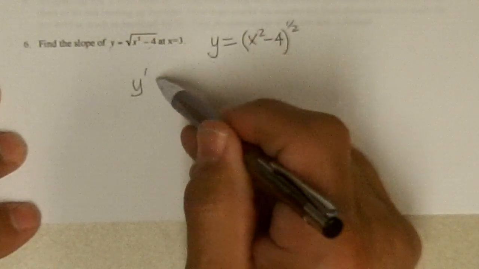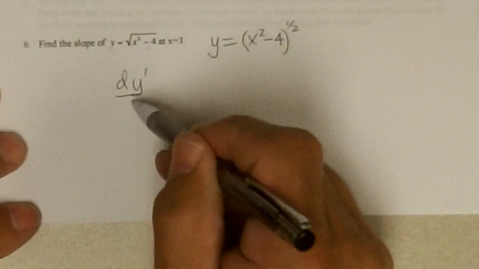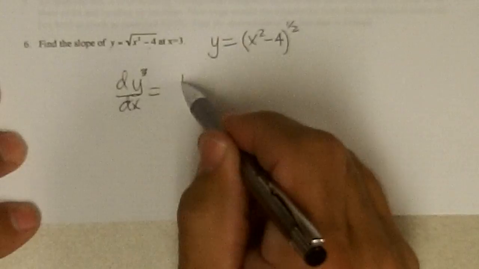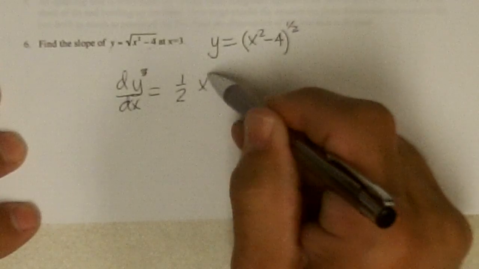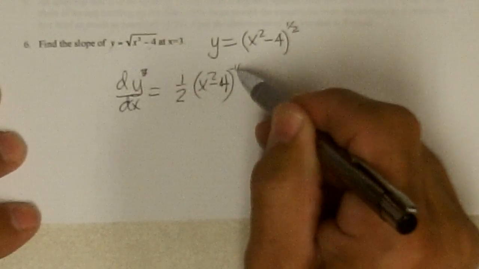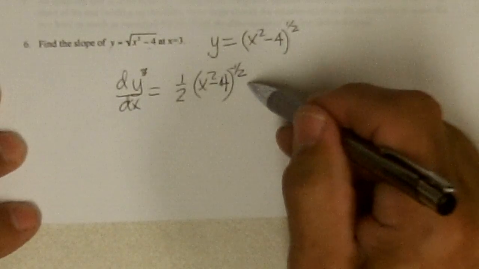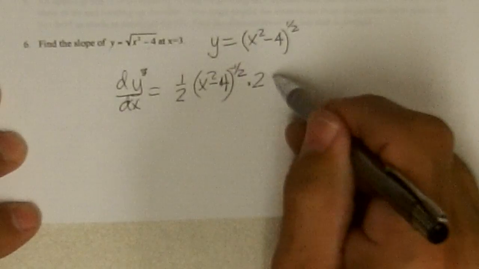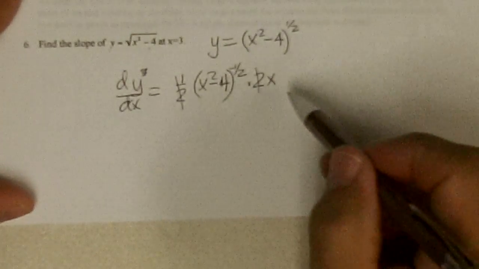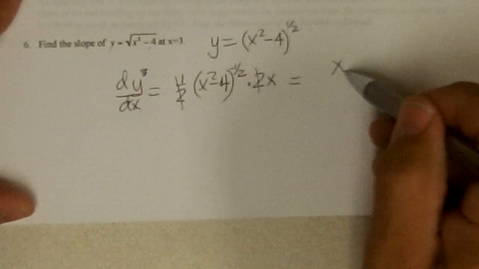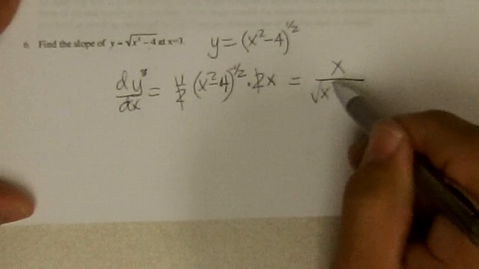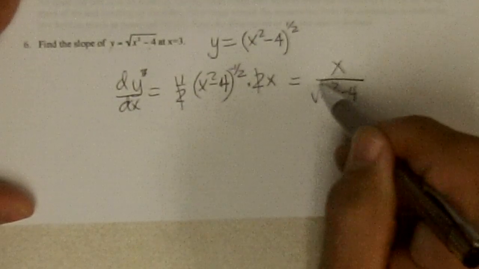Y prime would be, or dy dx, either way, is 1/2 x squared minus 4 to the negative 1/2 times the derivative of the inside, which is 2x. The half and the 2 cancel, so I get x over, for the negative, the square root of x squared minus 4.